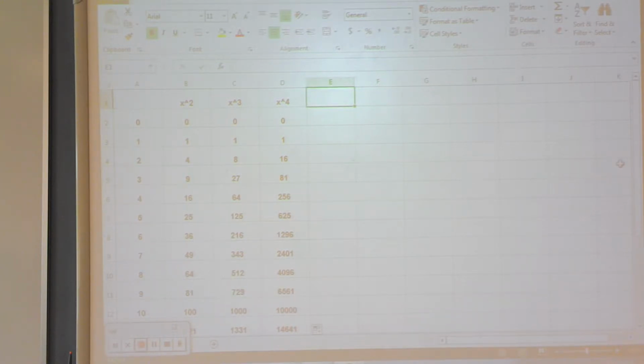And x to the 5th, I usually tell students to go to x to the 5th, because most of your homework problems are x to the 5th. Now, why am I showing you this? Because they will come back to haunt you if you don't know them or if you don't have them written down.